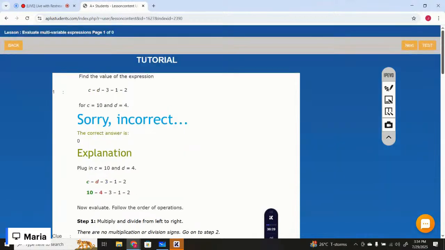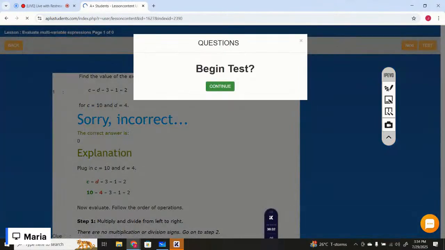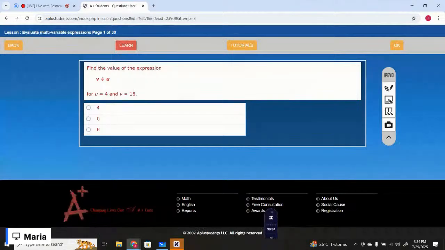Let's just click on the test button. Find the value of the expression v divided by u. So v is 16.